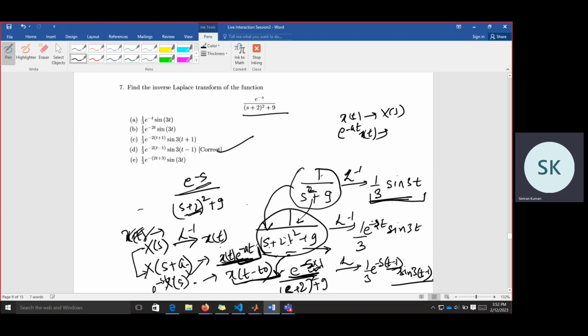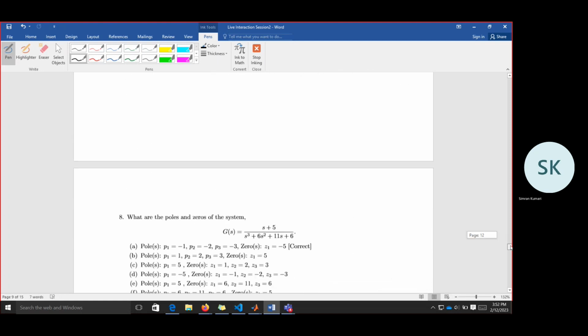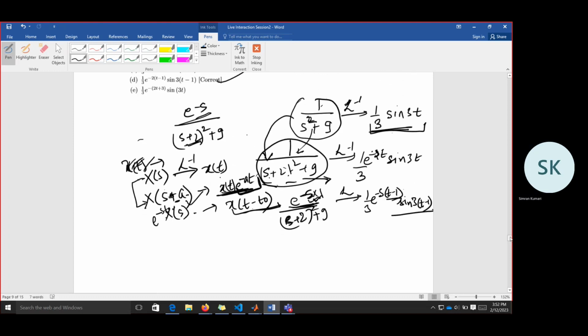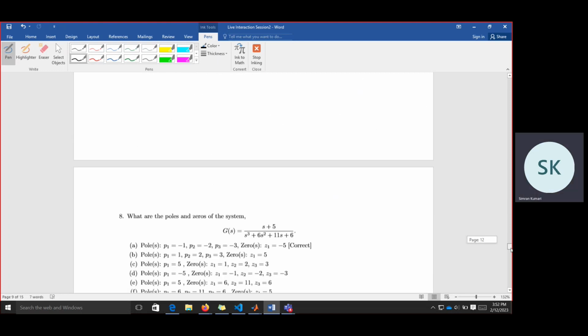So this will shift. Is it clear? I think this is s minus a. It's a writing mistake.